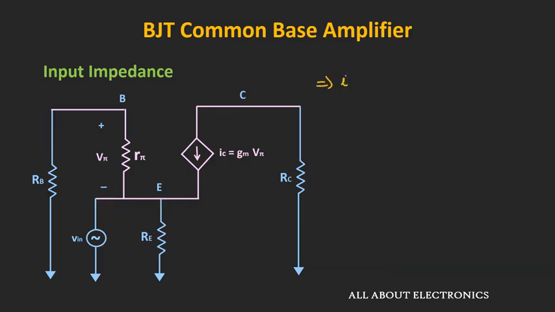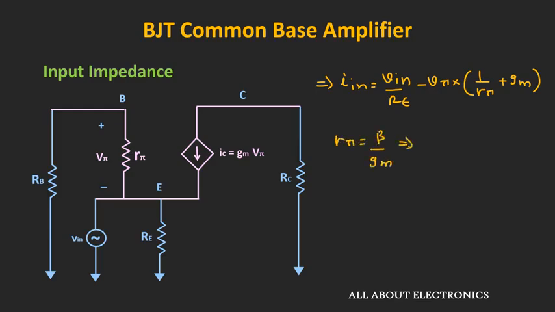That means current In is equal to Vin divided by Re minus V pi times 1 divided by R pi plus Gm. Now we know that this R pi is equal to beta divided by Gm. That means 1 over R pi is equal to Gm divided by beta, and definitely it will be much less than the Gm.